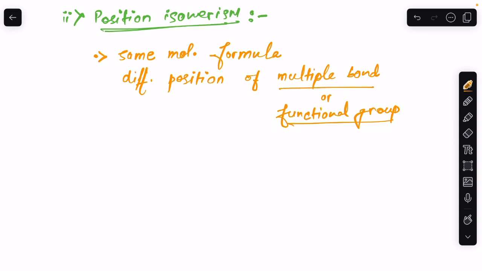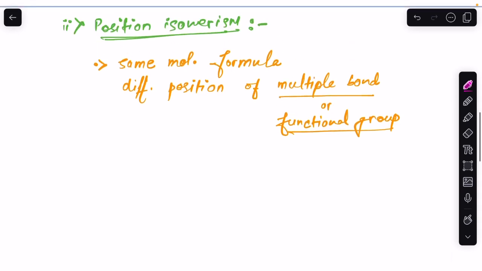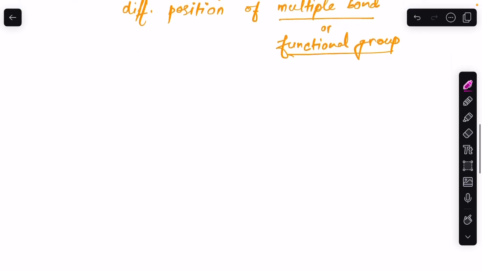If the position of the multiple bond or functional group is different in different molecules, but those molecules have the same molecular formula, then the isomerism possessed by those compounds will be position isomerism.